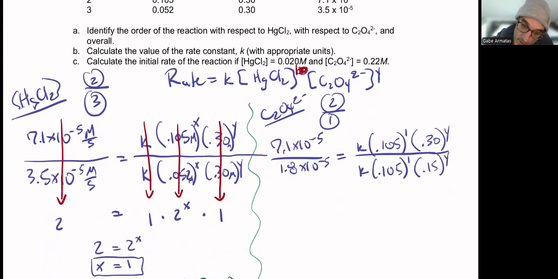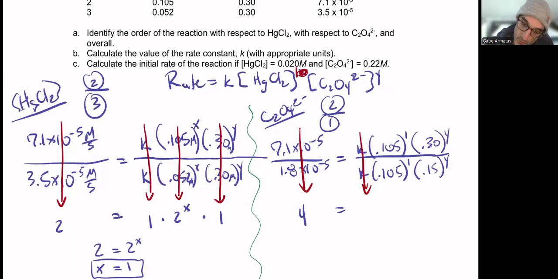So now we reduce 7.1 divided by 1.8 rounds to 4. K over K is 1. 0.105 over 0.105 raised to the first reduces to 1.